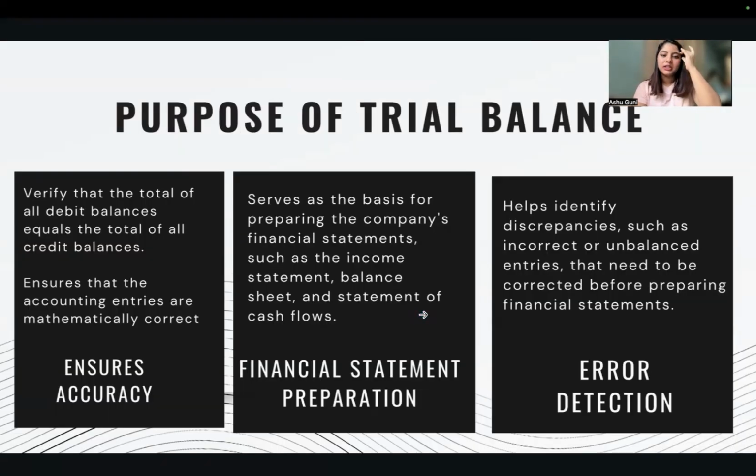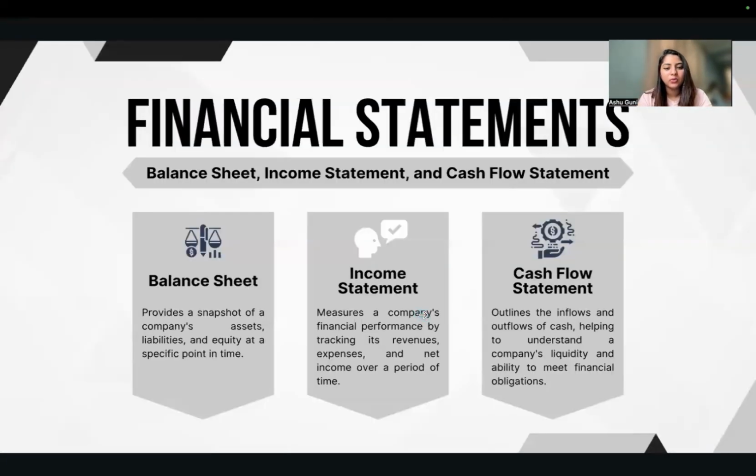As we have studied, the trial balance helps in the preparation of the financial statements, so let's see what those financial statements are. We have the balance sheet, which provides a snapshot of the company's assets, liabilities, and equity at a specific point in time. The income statement helps in measuring financial performance by tracking revenues, expenses, and net income over a period of time.